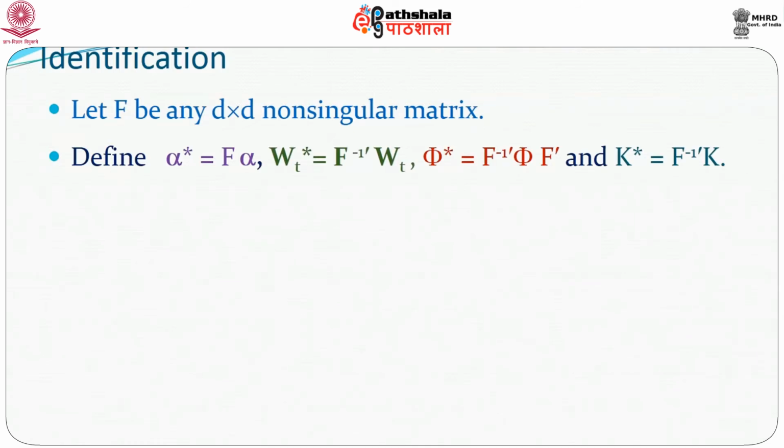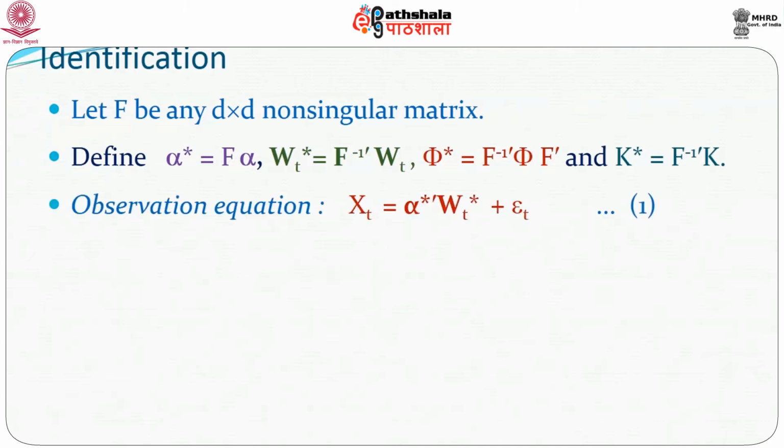And we define alpha star as F times alpha, Wt star as F inverse prime Wt, phi star as F inverse prime phi F prime, and K star as F inverse prime K. If we do that, suppose we write the observation equation in terms of alpha star and Wt star. So instead of alpha and W, we are writing the observation equation in terms of these two new variables.